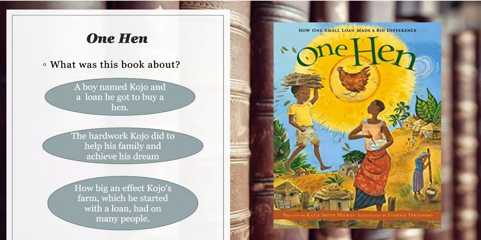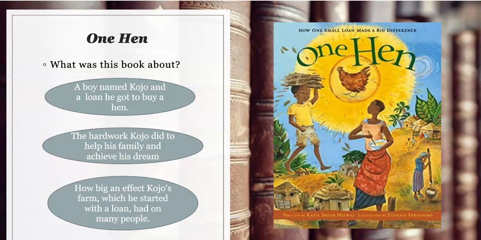So the book then becomes about how big an effect Kojo's farm, which he started alone, had on many people: his family, his workers, the community around them. And you see here also that he has a big effect on a lot of people.